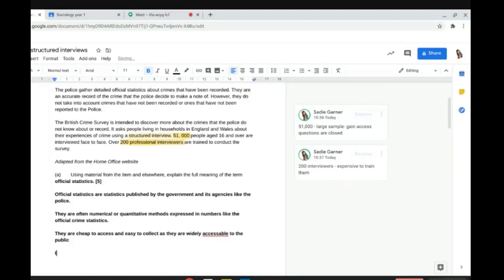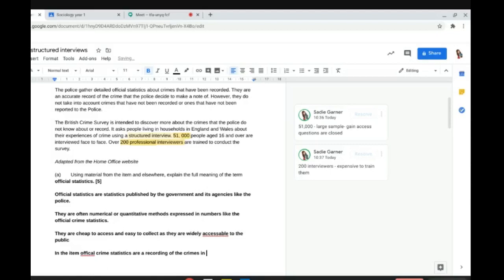In the item, if the government examiner is in any doubt you haven't referred to the item, you won't get the mark. In the item, official crime statistics are a recording of the crimes in society.